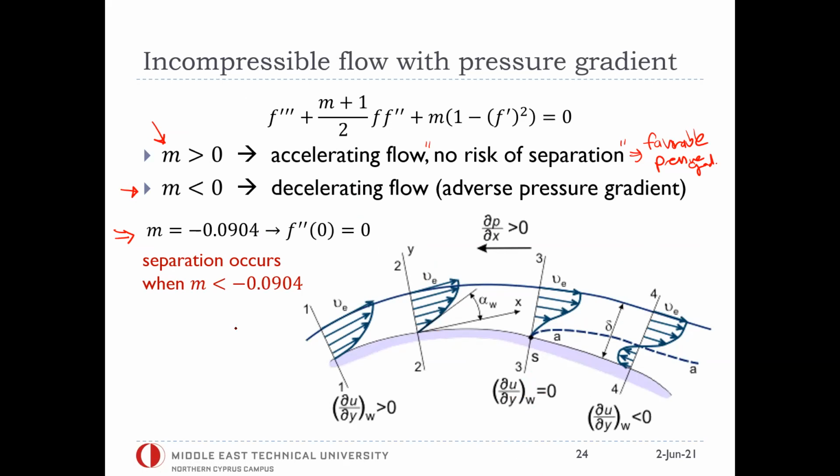This Falkner-Skan solution says that for a laminar, incompressible flow, still no turbulence, but now with pressure gradient, if this m parameter becomes equal to this number, that is your separation location. Downstream of that location in the streamwise direction, you will end up with a separation zone. This is how we theoretically predict the separation location.